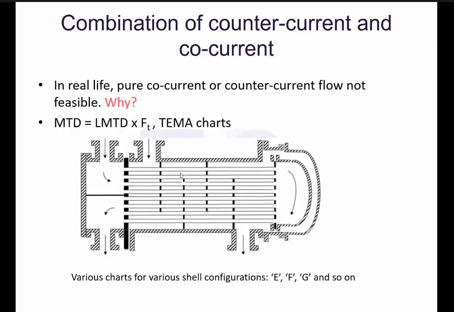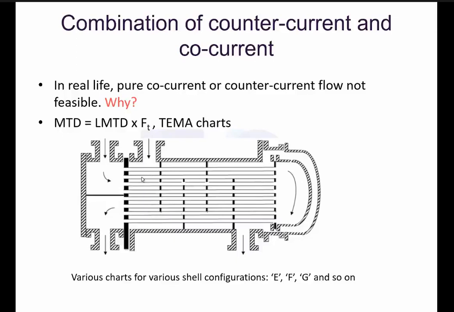The tube fluid will go through these 1, 2, 3, 4 tubes, then it will go through another 4 tubes. So this is called a 2-pass exchanger. And if you see the shell, the shell fluid goes like this, and comes out. Now, when it goes like this, it is parallel. At the same time, when the shell side comes here, it is counter current.